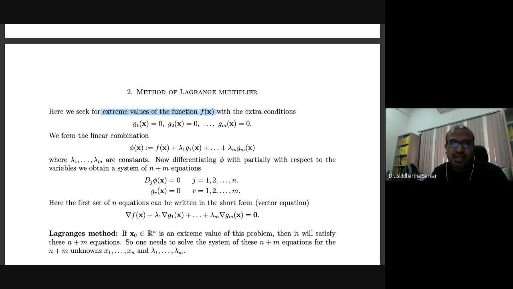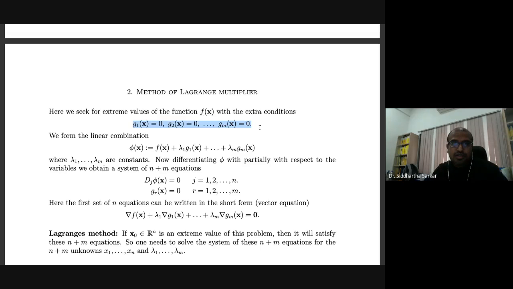So it's not purely extreme values, absolute minima or maxima, which is much easier with respect to the previous discussion. Here you have some extra conditions. It can be thought of as an optimization problem: either you maximize or minimize f subject to this specific equation.